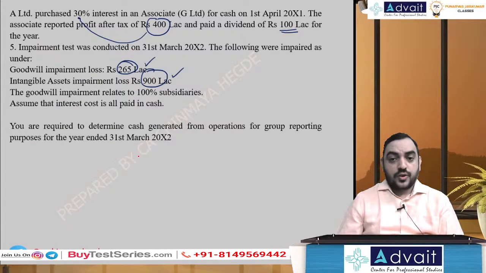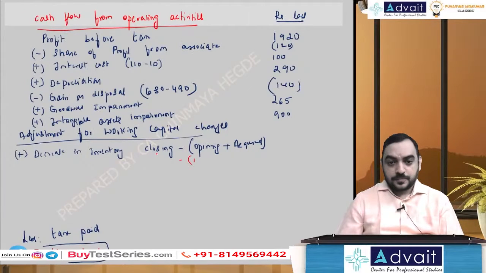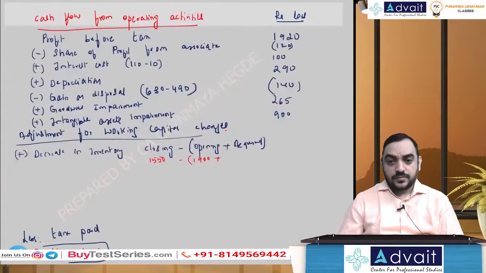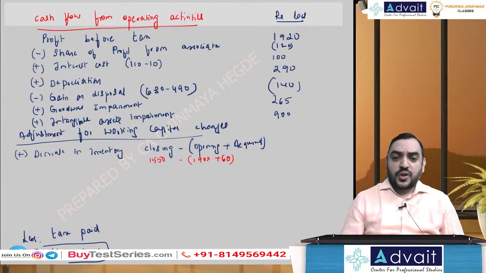Sorry, I forgot. 1550 is closing, 1900 is opening. Plus what is acquired? Inventory 60 lakh. So basically, 1900 has become 1550. So you are going to do minus 60 in reality. 1900 plus 60 minus 1550. I think 410.